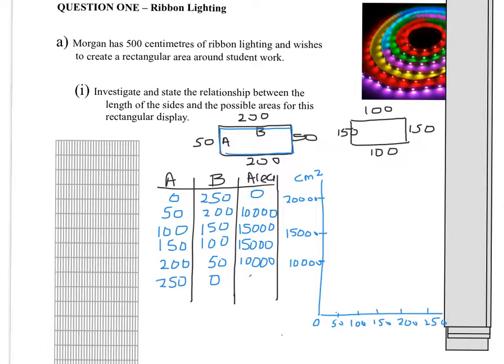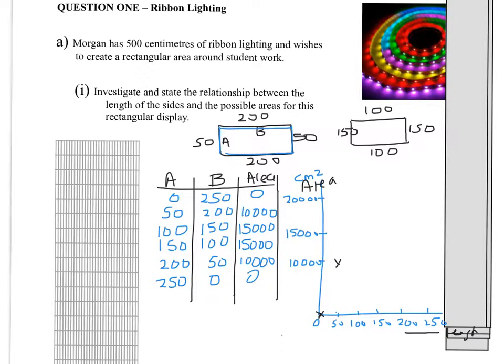15,000, 10,000, and 0. So my graph will look like this: this is my area up the side, and this is the length of the rectangle down the bottom. So at side A is 50, I get 10,000.